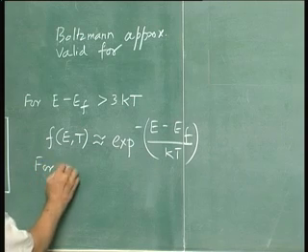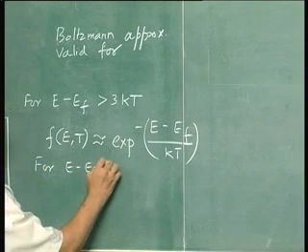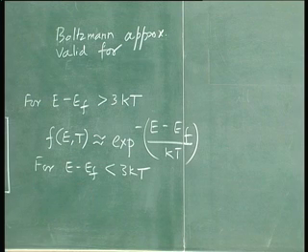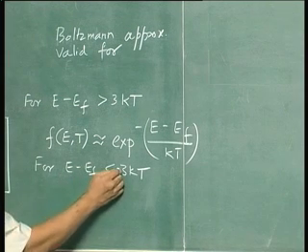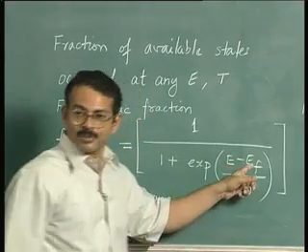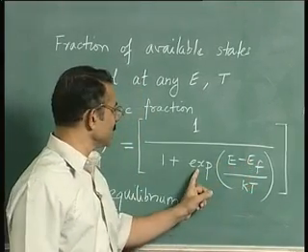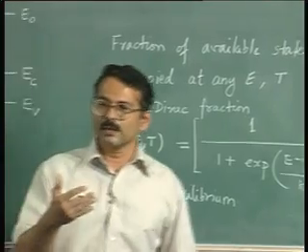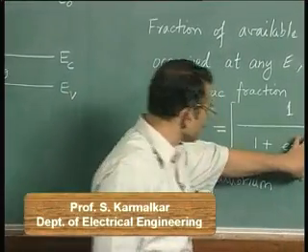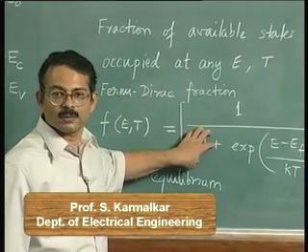Alternately, for E minus EF less than minus 3 times KT, if E is less than EF by more than 3 times KT, then this is exponential of minus of a quantity more than 3. Then this quantity becomes much less than 1.